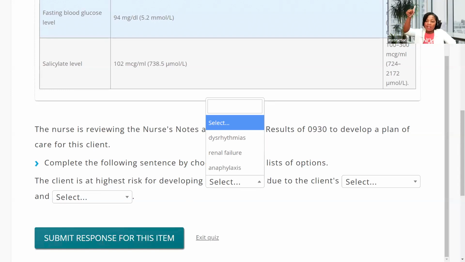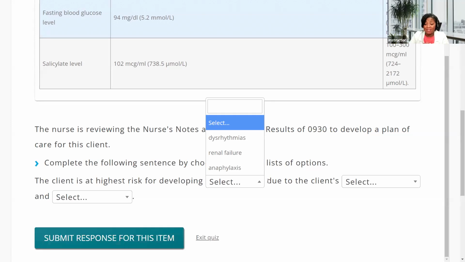Digoxin is high, potassium is low. And what do we know about potassium, whether it's high or low? Yep, the low K came from the diuretic. Yes. But what do we know about potassium? Whether it's high or low, what does that put our patient at risk for?